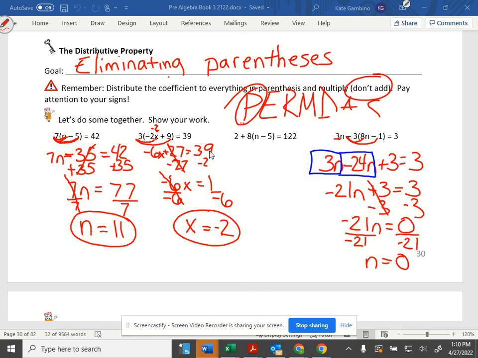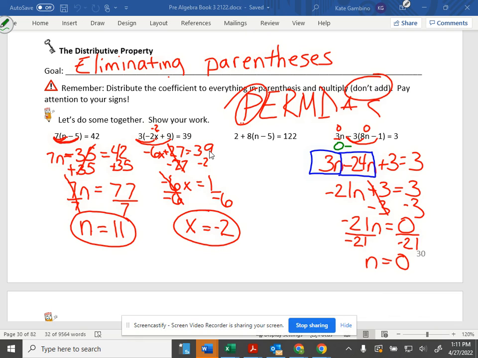Can we have 0 for an answer? Yes. How do I know if I did that correctly? Because, wow, I don't normally have 0 for an answer. What should I do, Katie? I'm going to plug it in and check, and I'm going to put a 0 in for this n and a 0 in for that n. So 3 times 0 is 0 minus 8 times 0.